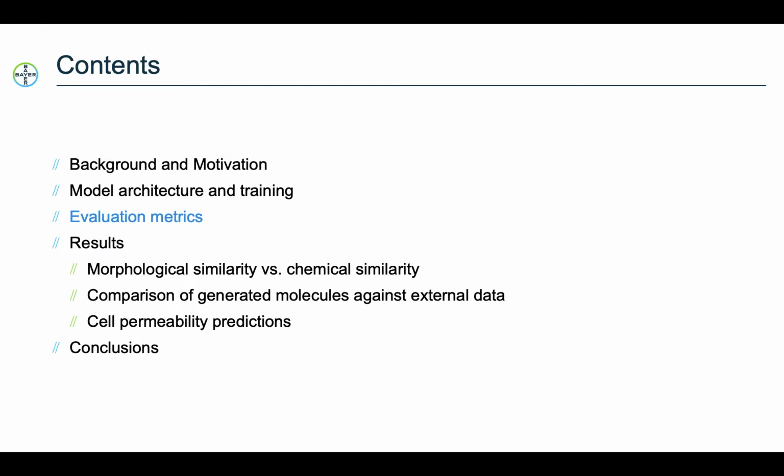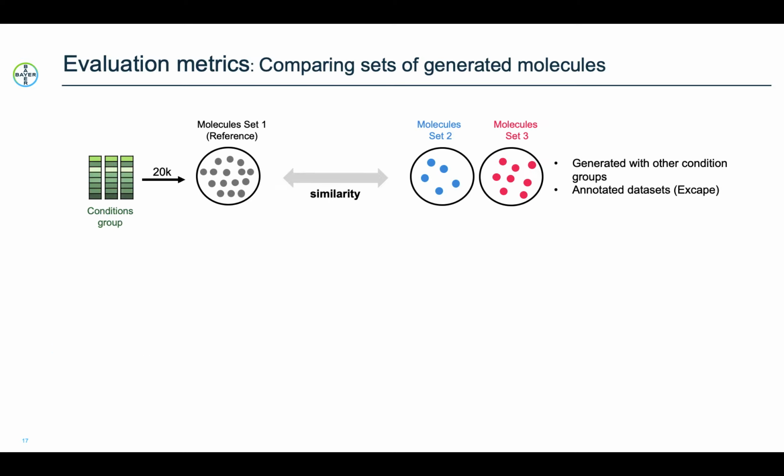Okay, and before going to the results, I first want to walk you through which evaluation metrics we used to evaluate the model. As you will see later, how we evaluate the model is always by comparing the similarity distributions between different sets of molecules. So the idea is that we pick a set of conditions or a condition group.